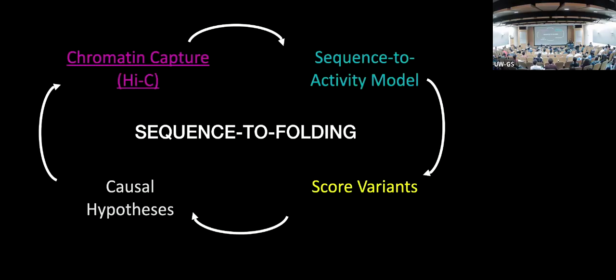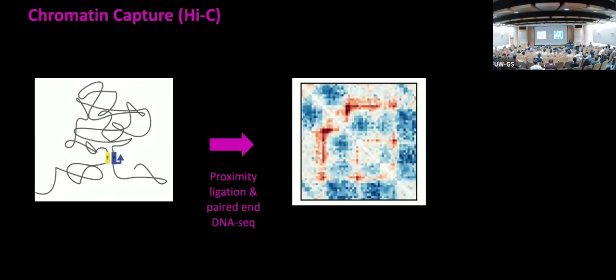The data that we can start with is called chromatin capture, or Hi-C. It does not measure an actual folded structure of a chromosome, but instead assays with sequencing, proximity ligation, and then paired DNA sequencing, the frequency with which pieces of DNA across a genomic locus are close to each other. And it looks like this, a heat map on the right. Both axes, the horizontal and the vertical one, are genomic coordinates for the same piece of DNA.